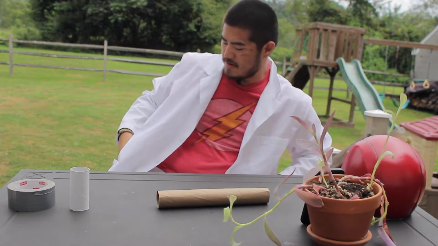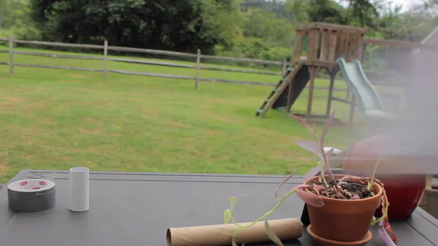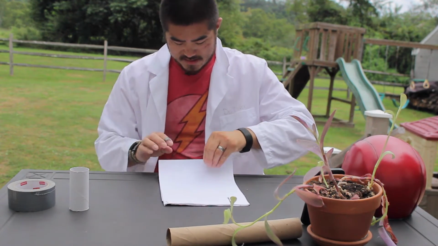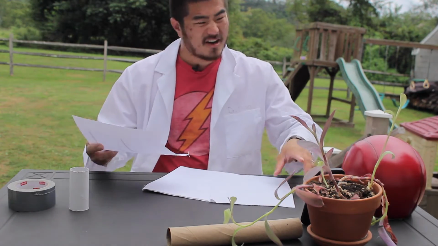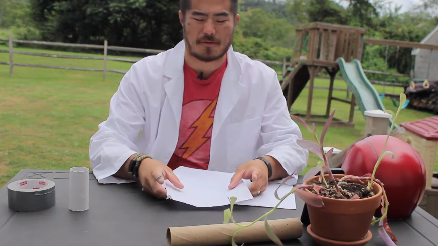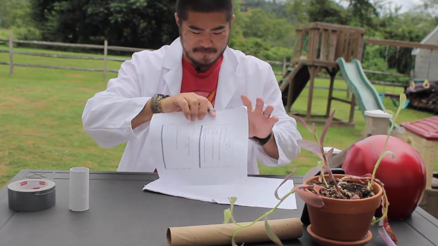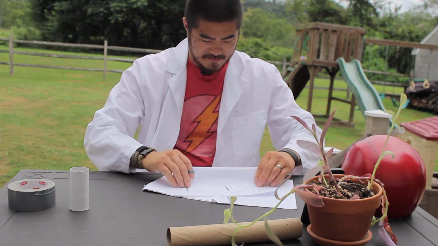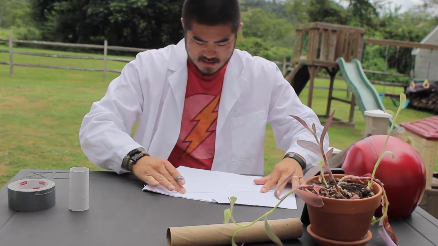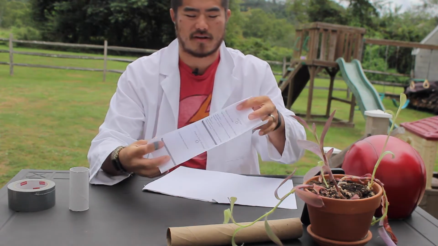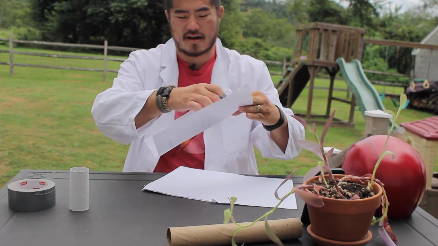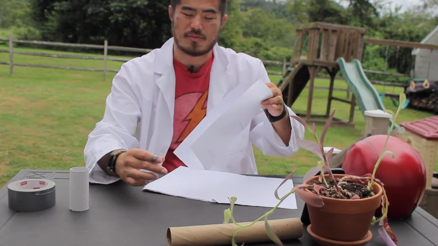Do I have paper? Let me see if I have paper. Just like this. Okay, how do you use paper, you may ask? Well, there's several different ways. You can fold this into thirds. So now I've created my own little tube going down.